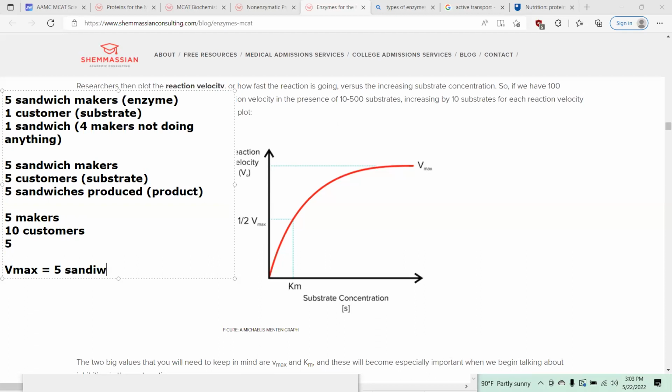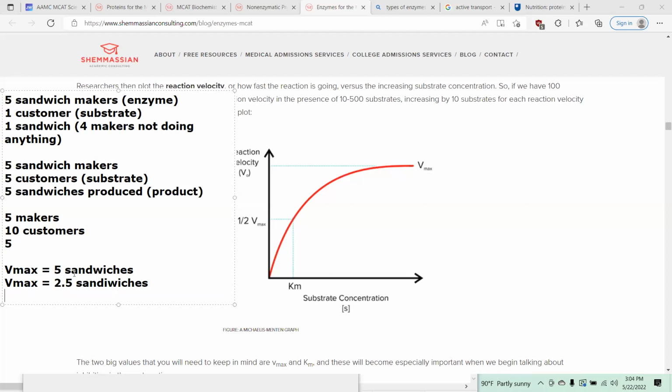We can make five sandwiches as the maximum product. Now, what is half of our maximum? How many sandwiches would be at 2.5? Let's just ignore the fact that there can't be half a customer for now. Let's just imagine 2.5 sandwiches is half of our max.